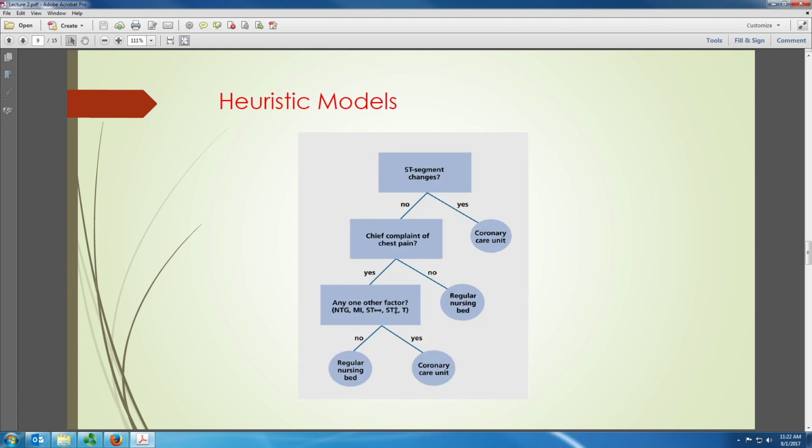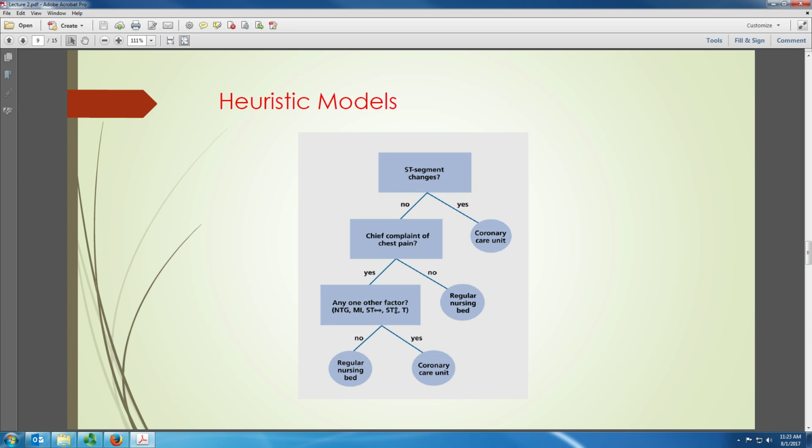Here's an example, ST segment changes. Yes, take the patient to coronary care unit. If the answer is no, chief complaint of chest pain, the answer is yes. Do this, otherwise take the person to regular nursing bed.